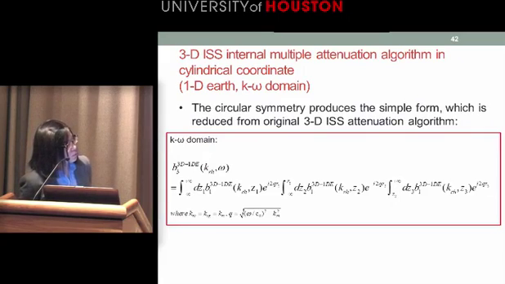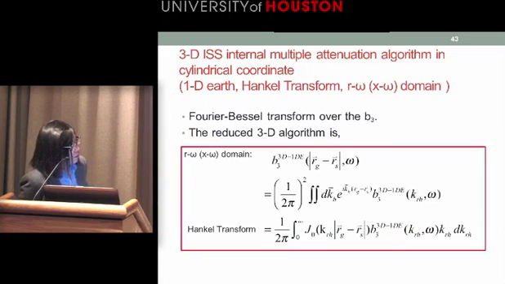Okay, here is the form we reduced from the 3D attenuation algorithm. So you can see here the B3, there is no lateral integral here. All the lateral integral has been removed, and we can get rid of the lateral integral in cylindrical coordinates. And naturally, our B3 needs to be transformed to the spatial time domain from the wave number frequency domain.